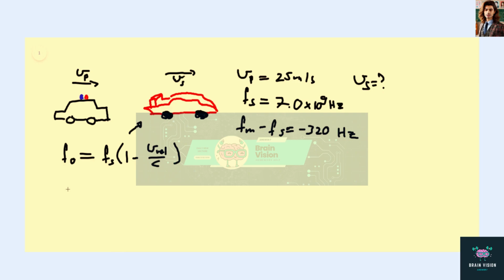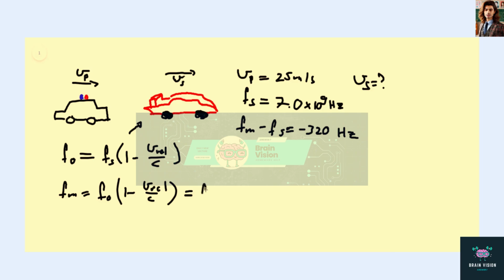And then there's going to be the measured frequency that is being reflected off of the speeder back to the police car. And so this is going to be the observed frequency by the speeder times 1 minus V rel over C. So now we put F0 back in here.